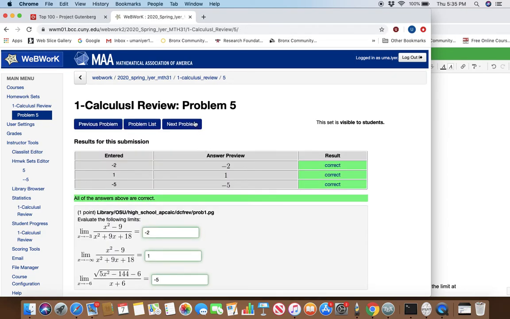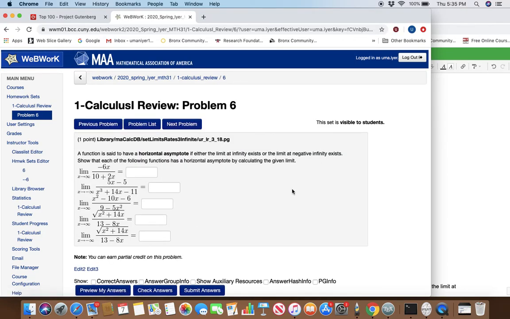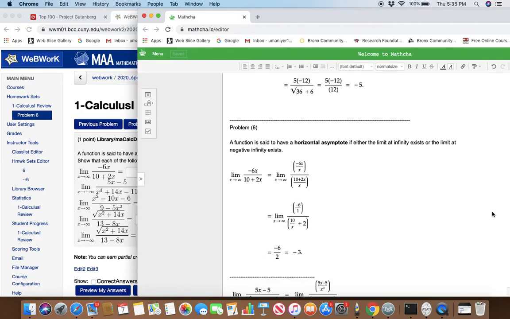Okay. Next problem. More limits. Limit as x approaching infinity of negative 6x over 10 plus 2x. Now this is a rational function. Divide by the highest power of the denominator. That is going to be x.